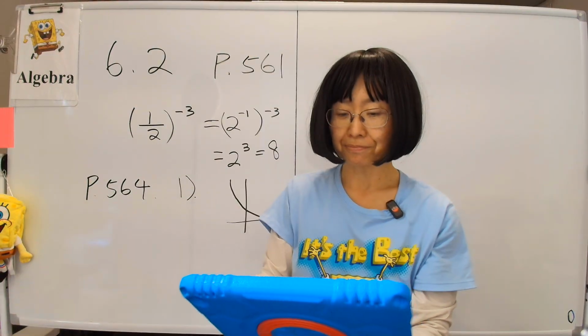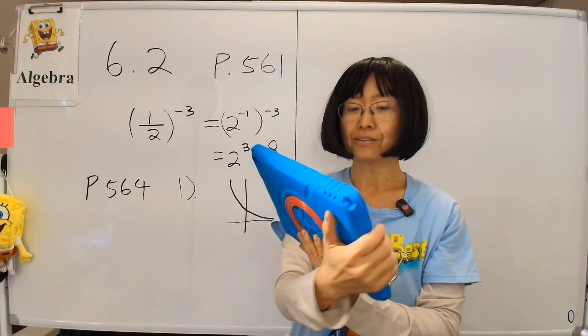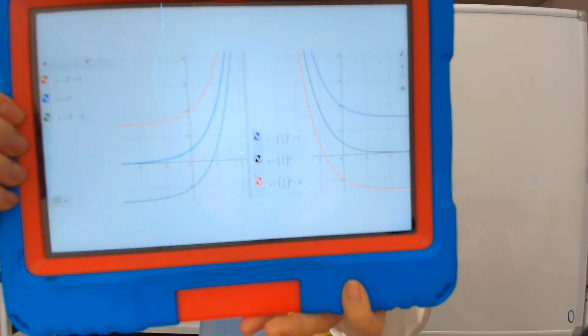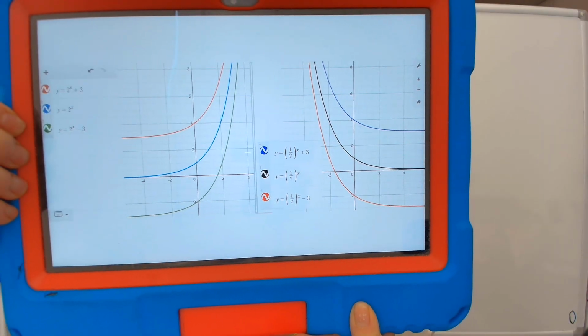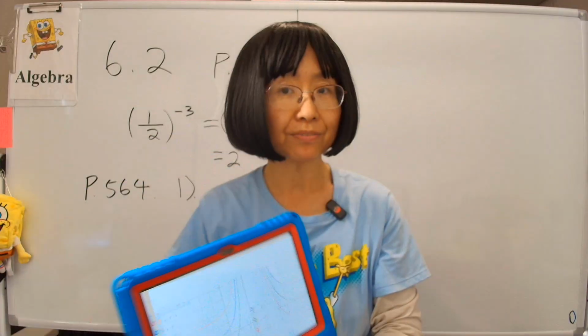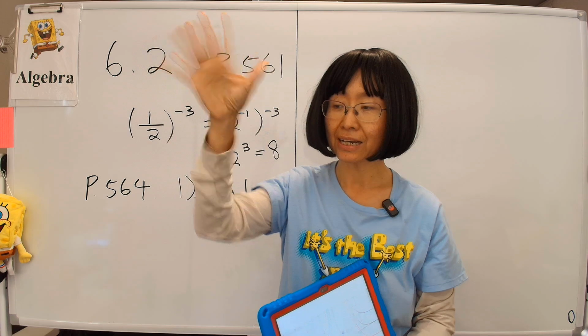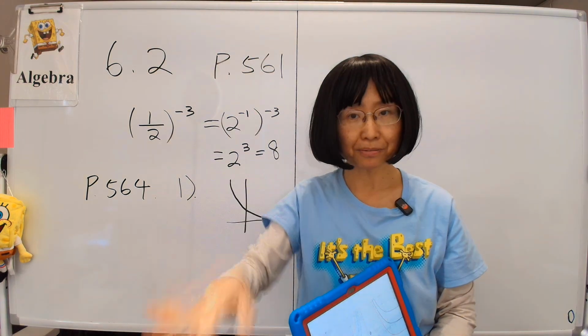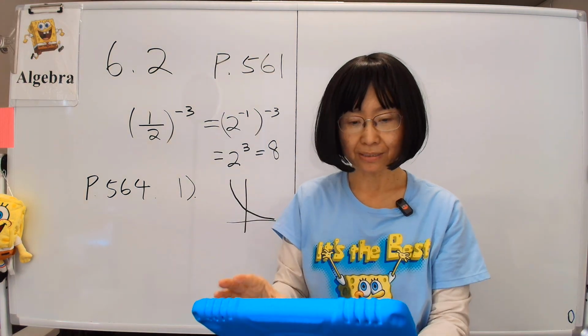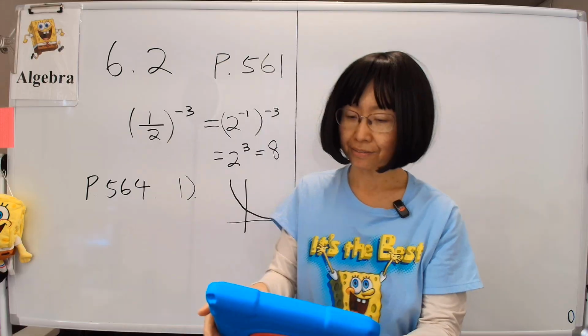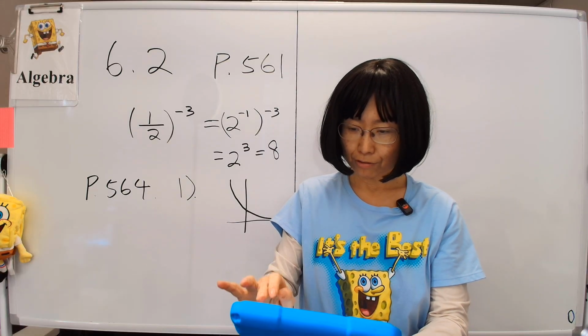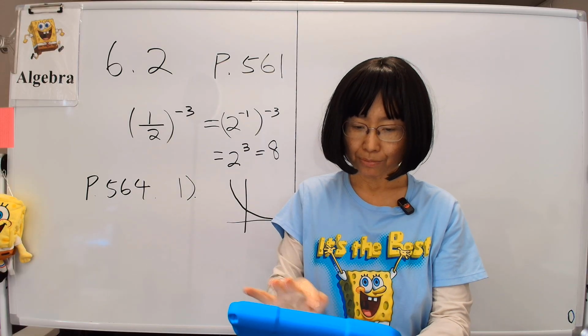So that is the two kinds of graphs. That is, normally when you add things to a graph, then you lift the graph up by a constant, or if you subtract, then you push it down by the same constant. All right, so that is that. And now let's go back to my textbook.